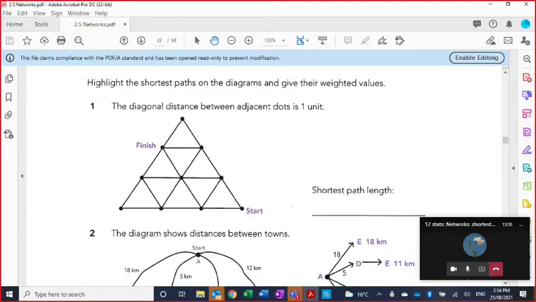Highlight the shortest paths on the diagram and give their weighted values. The diagonal distance between the adjacent dots is 1 unit. It makes it nice because that means every one of them is a distance of 1, so they're easy to add. Now, they don't have any values on them, so you just know that you have a starting point and a finish point.